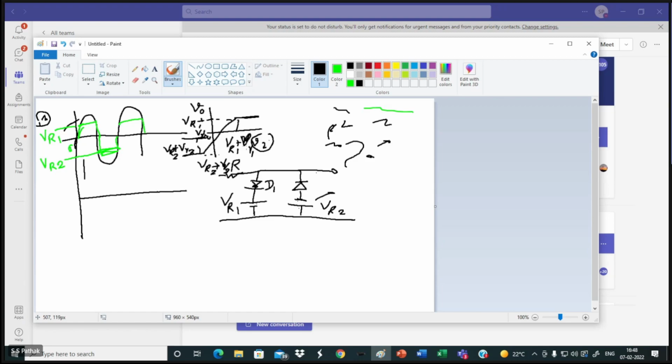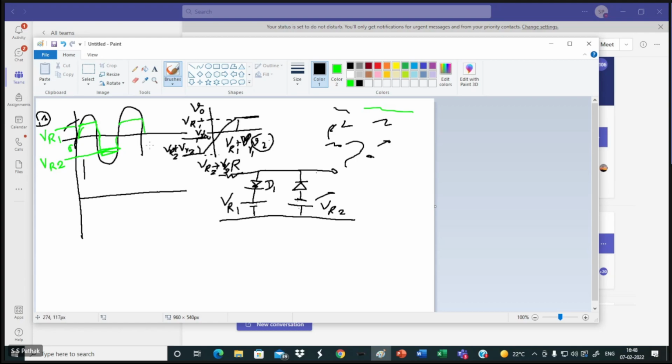The diode cut-in voltages are not the same, so it is V gamma 1, V gamma 2. Is the model clear? That way, the two-way clipping of the sinusoidal signal that we have seen: your voltage goes like that, and the output shape looks like this.